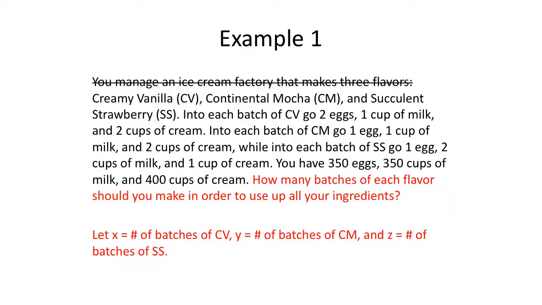Okay, so we focus on our question or the action statement to help us figure out how to label our variables. Let's let X be the number of batches of creamy vanilla. Let's let Y be the number of batches of continental mocha, and Z be the number of batches of succulent strawberry, right? How many batches of each flavor? So each flavor, the number of batches, will be our variables.